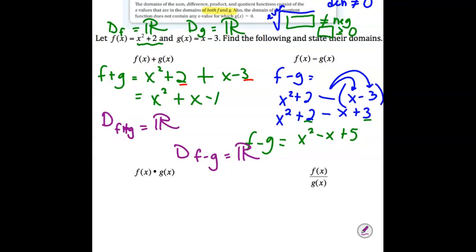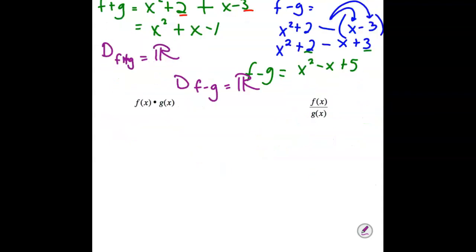All right, let's try a multiplication one. This time it says we are multiplying f and g together. So f times g. Our function f was x squared plus 2, and function g was x minus 3. So here we're going to have to do our FOILing. x squared times x would get us x cubed.